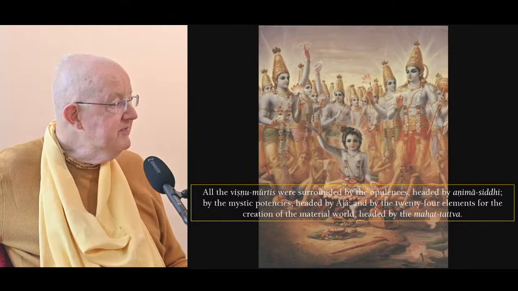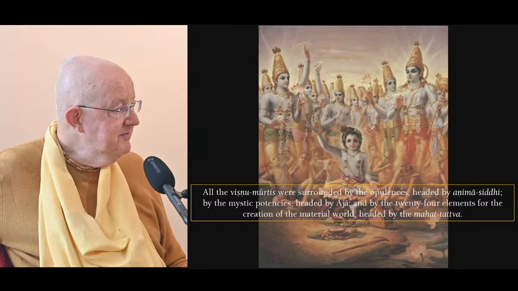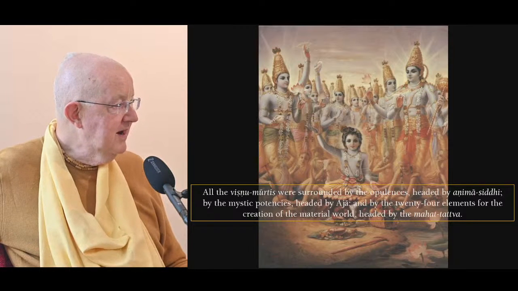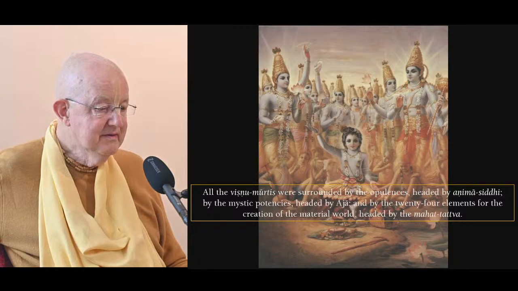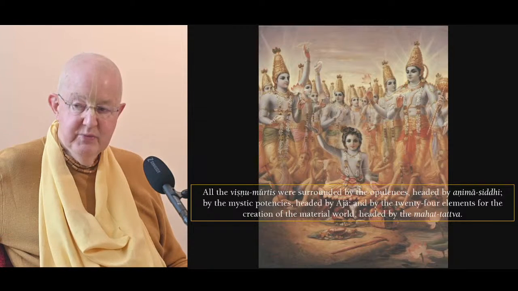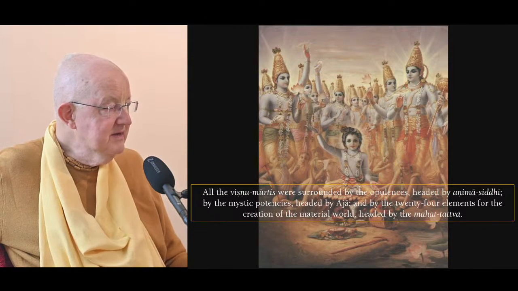And here's some of the things according to the Bhagavatam, chapter 12 says, all the Vishnu Murtis were surrounded by the opulences, headed by Anima Siddhi, by mystic potencies, headed by Aja, and by the 24 elements for the creation of the material world, headed by the Mahatattva. So each one of these forms has all these things surrounding.